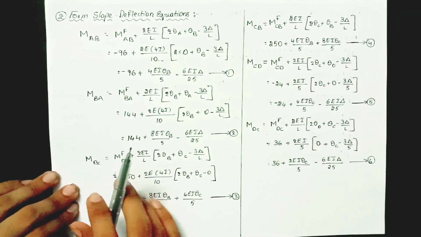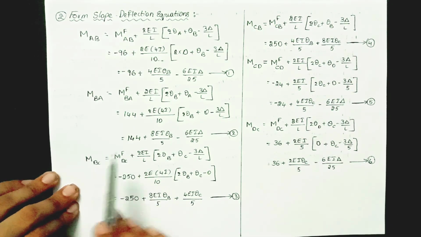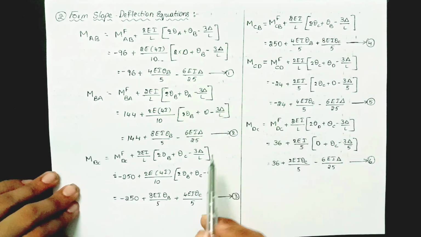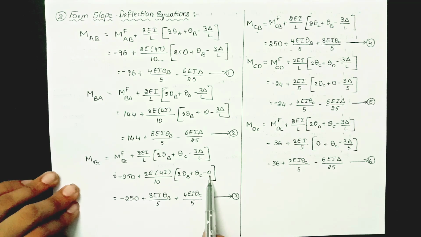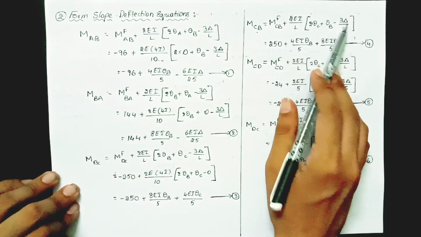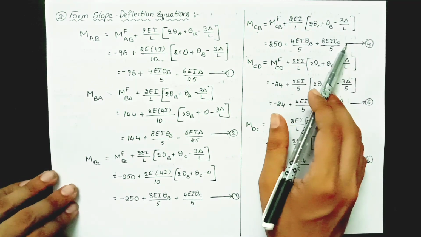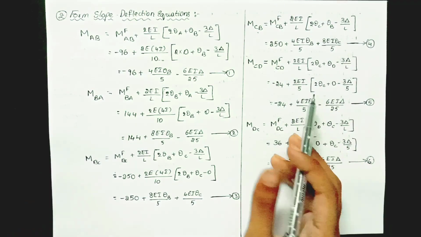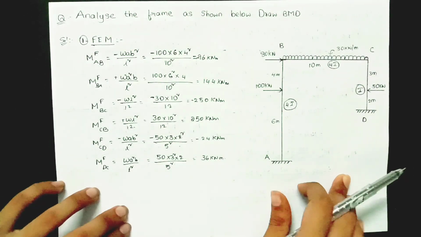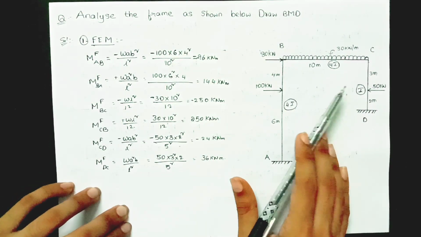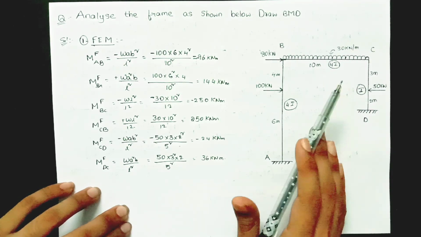One thing you should observe is that in members BC and CB there is no delta value here. I placed delta equal to 0 and here also delta equal to 0. So there is no delta term. The reason is that if you observe the given diagram, the frame is a sway frame.